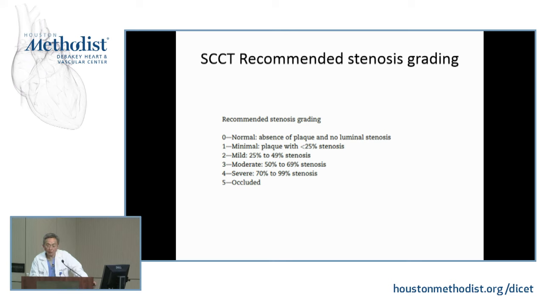In a good quality study, you can be very confident in saying this is normal. Minimal is plaque with less than 25% stenosis. Mild is 25 to 49, then 50 to 69, and so on. So it's very important, when you tell the referring doctor a degree of stenosis, to explain the limitations of CTA in quantifying it.